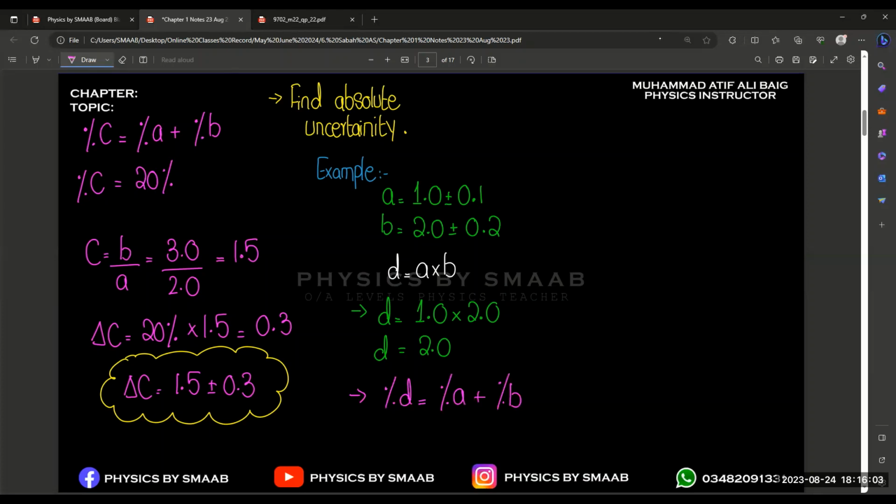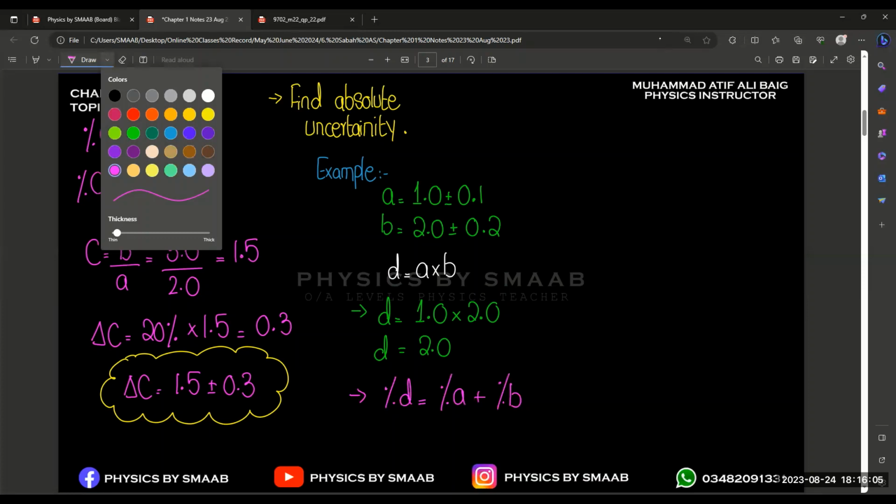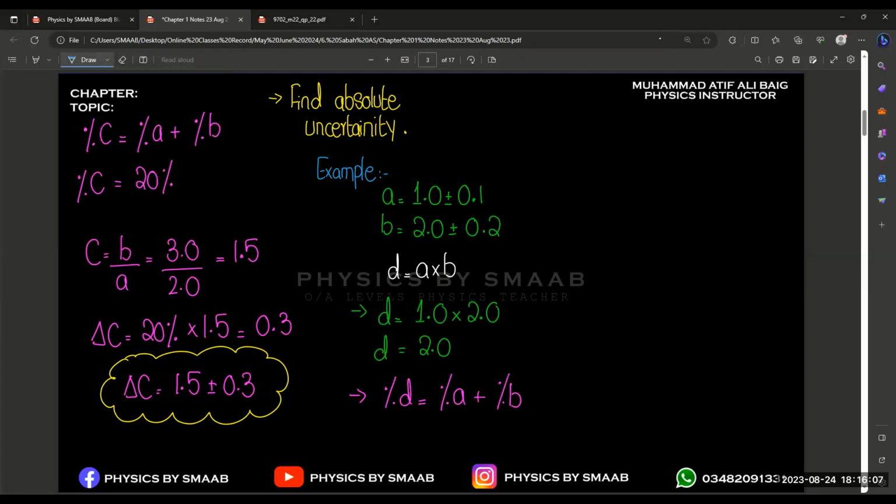If we quickly calculate the percentage error in A, what will be the value? That is the confusion sometimes, because all numbers are the same, so sometimes we get confused.